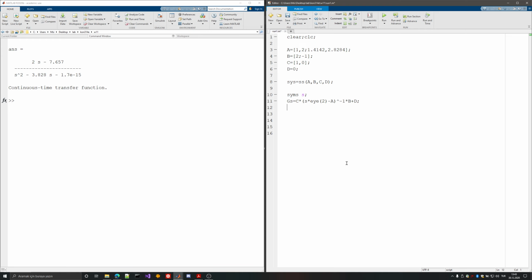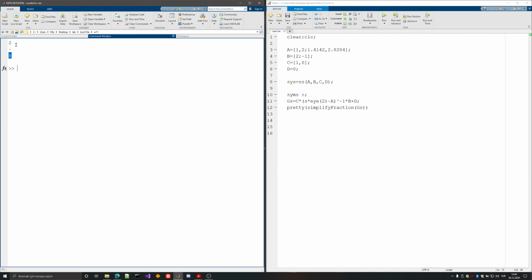Now, this will be basically the simplified transfer function representation. Only the problem here is that I have defined it in the s domain, I mean with the symbolic toolbox. If you want to convert it, you will be able to convert, and you can see that it gave a different output.